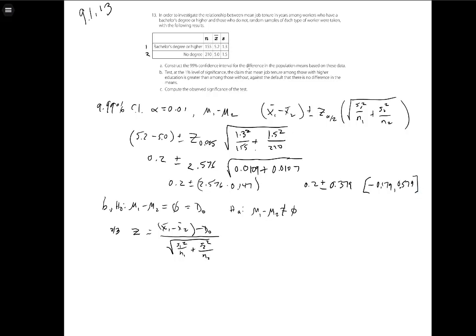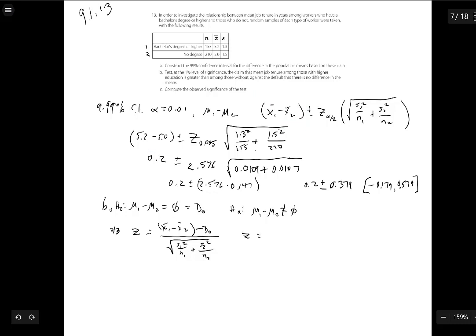We'll go from there to actually calculate this. So our Z is going to equal x1 minus x2. We calculated that above, which turned out to be 0.2.